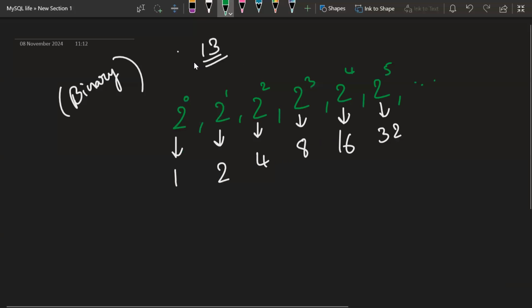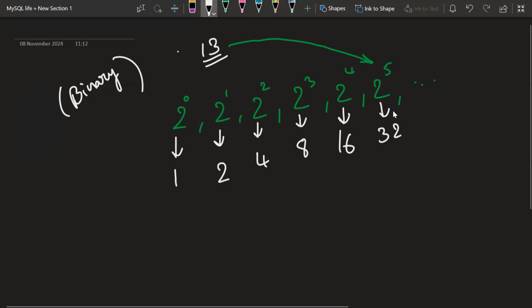So I would start comparing 13 with 2 to the power 5 that is 32. I just want to know whether 32 is greater than 13 or not. Of course, 32 is very much greater than 13.